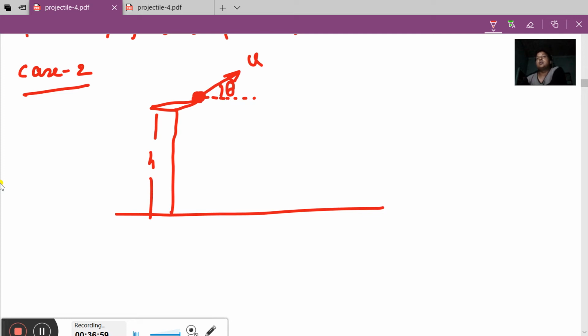In this case the trajectory is like this. This one is the range.